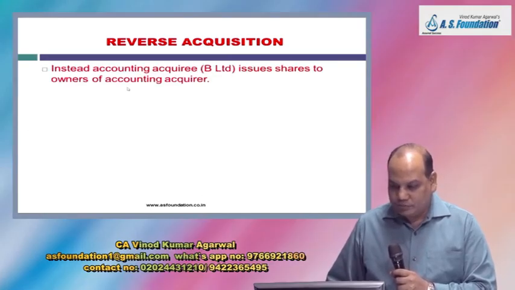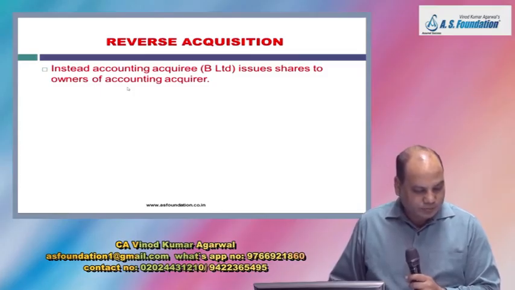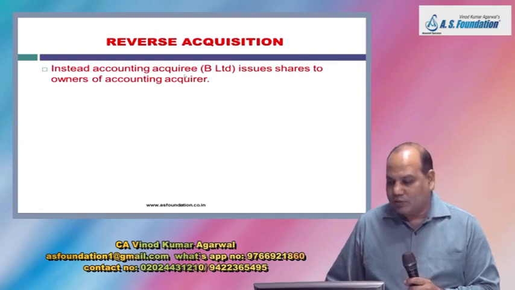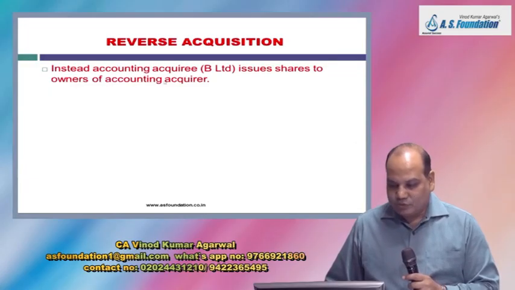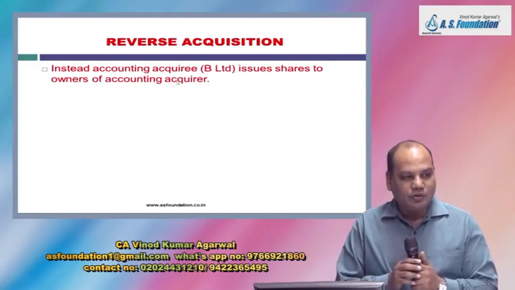Now, don't write for some minutes. This thing is printed in your book. Instead, accounting acquiree, B Limited issues shares to owners of accounting acquirer. This you can write. So this example will complete in your notebook.